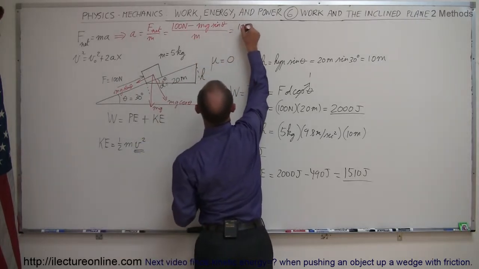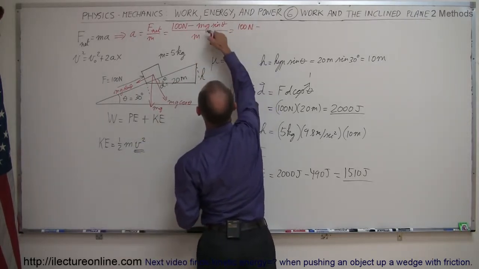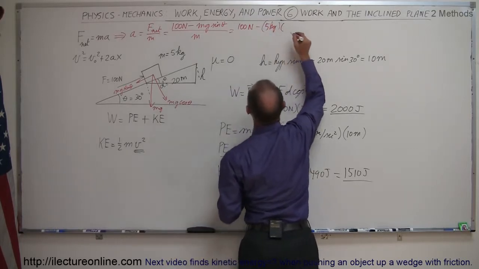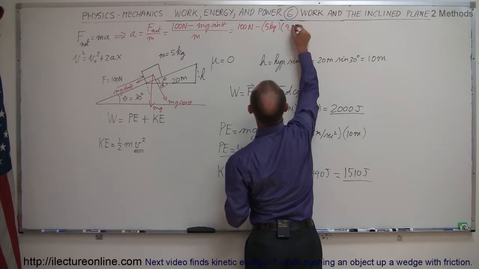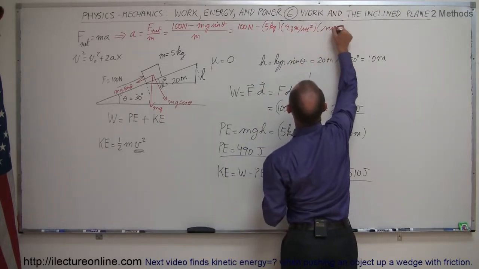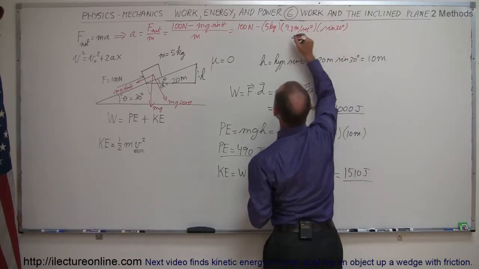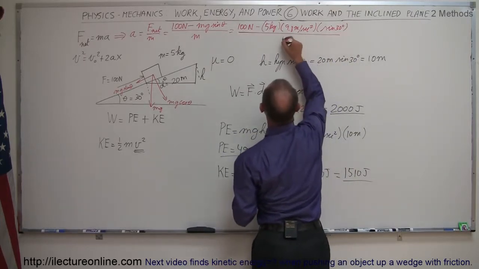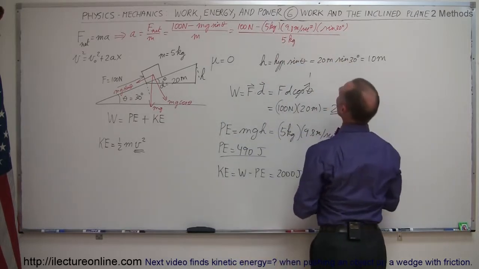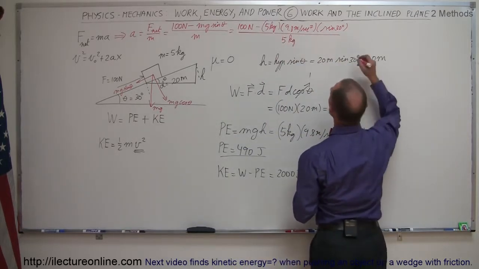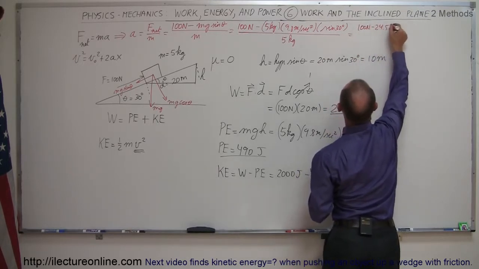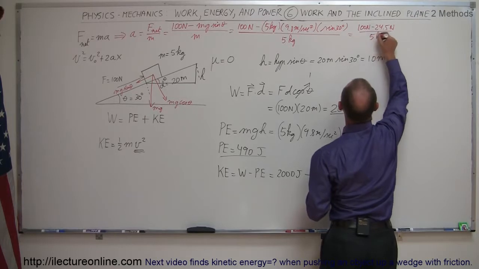And so this will be 100 newtons minus the mass, which is 5 kilograms, times g, which is 9.8 meters per second squared, times the sine of 30 degrees, which is 1/2, and take the whole thing and divide it by 5 kilograms. Of course, that would be 49 times 1/2, that would be 24.5.